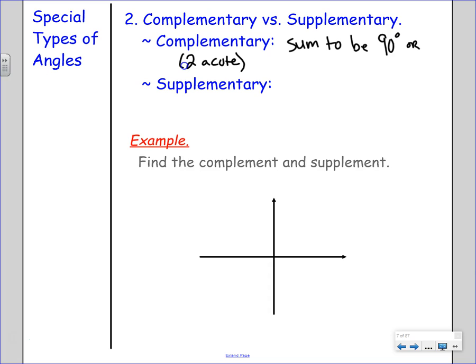And what was 90 degrees in radians? 1/2 of 180, which is 1/2 of pi. Supplementary, they sum to be 180, or pi.